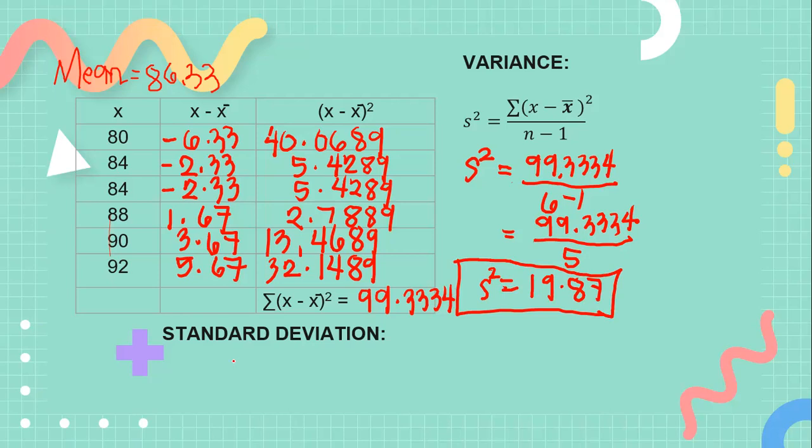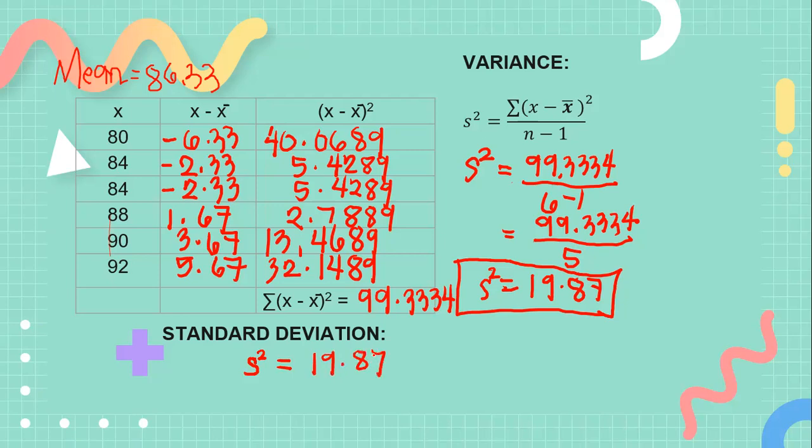Now, to solve the standard deviation, class, it is the square root of the answer for the variance, okay? Now, our variance, class, is s squared, which is equal to 19.87.